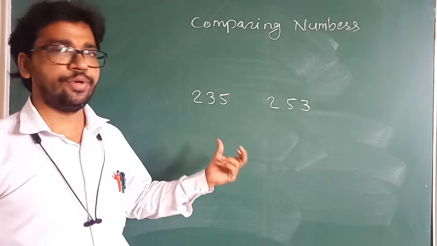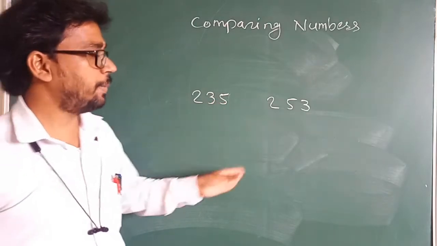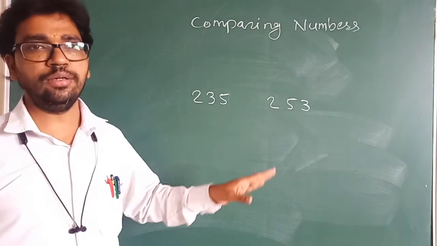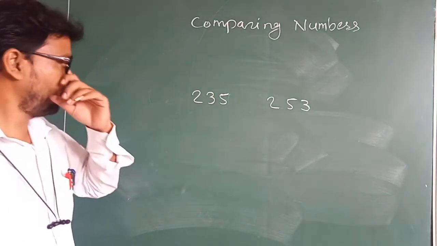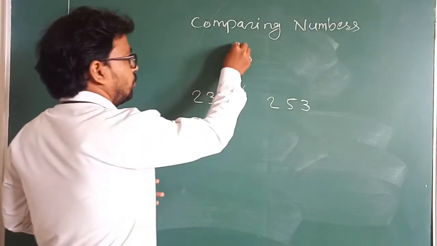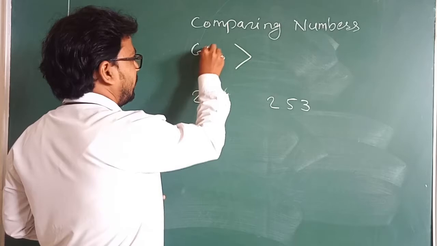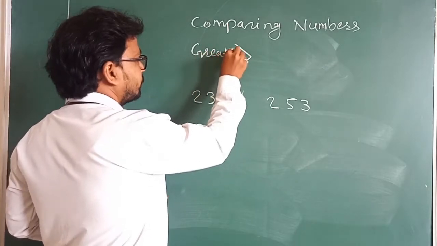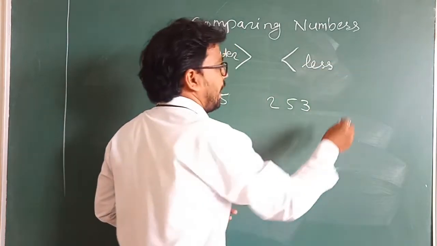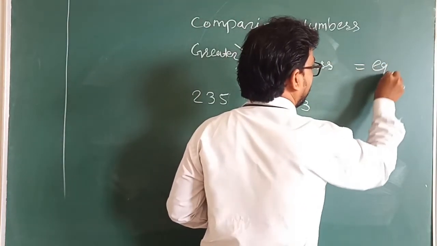For that we have to see which place is greater or lesser. There are three signs. One sign is for greater, one is for less, and one is for equal.